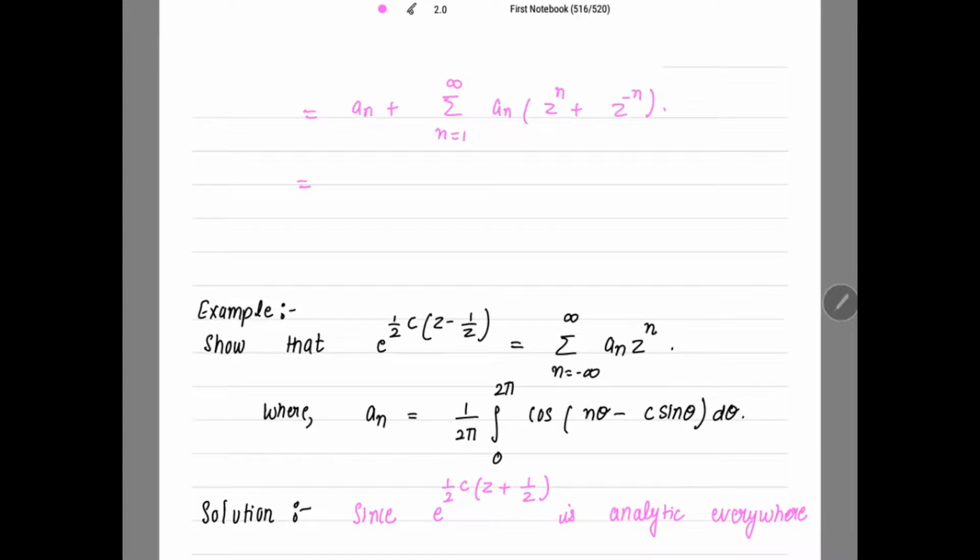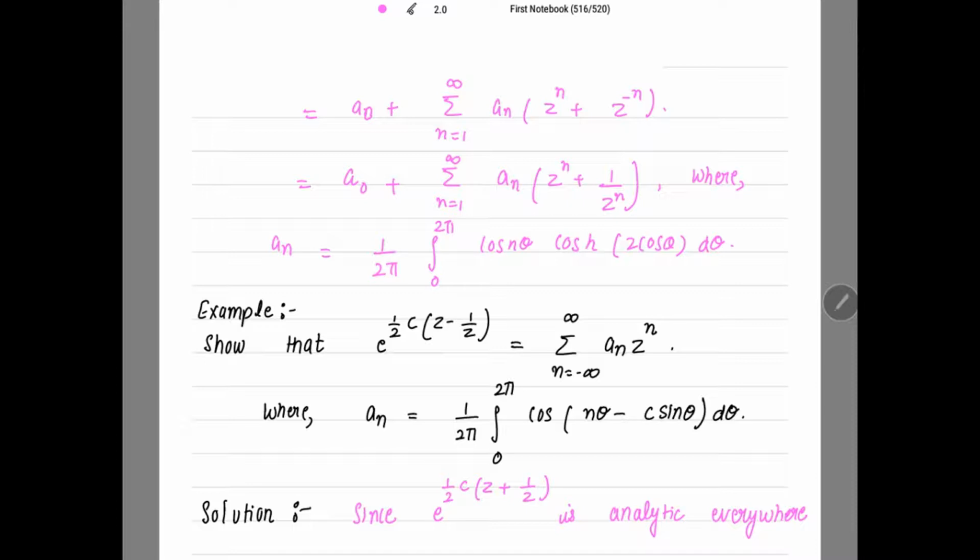This is equal to a0 plus summation n going from 1 to infinity an (z to the power n plus, instead of z to the power minus n, I can write 1 over z to the power n), where this coefficient an we have proved is 1 over 2 pi, 0 to 2 pi cos of n theta cos hyperbolic (2 cos theta) d theta, hence the result. Fine.